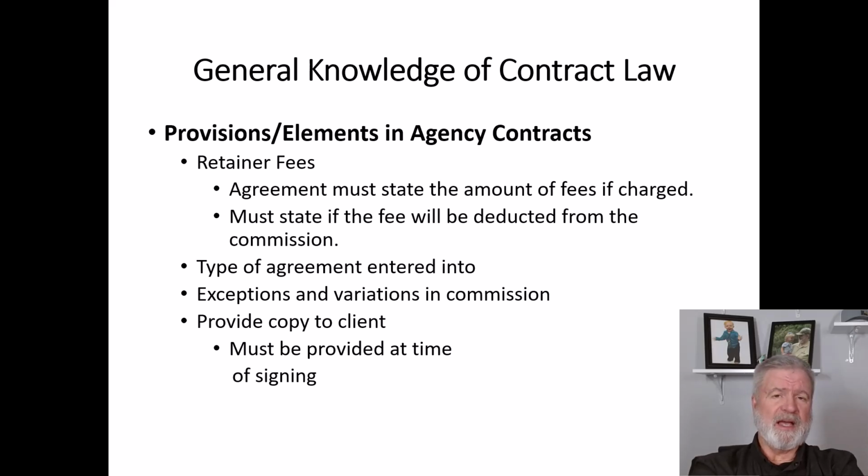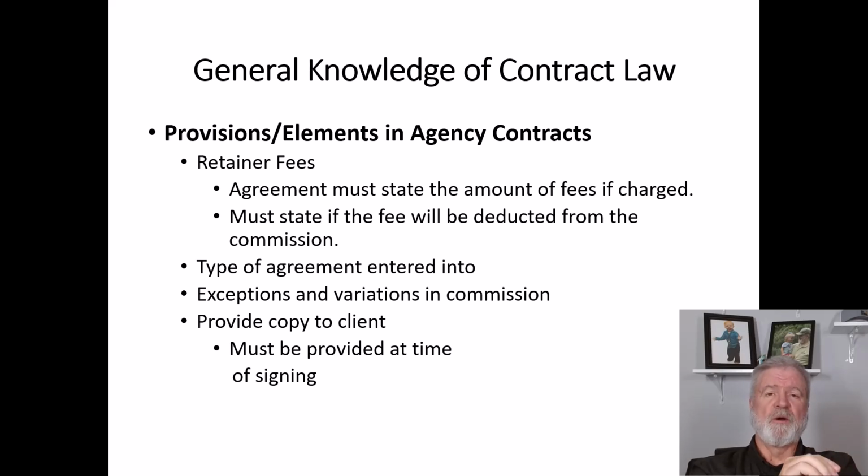Again, if you recall back in the brokerage relationships or agency chapter, there are different types of agency contracts. You could have the exclusive right to sell, an open listing, or an open or buyer's agency agreement. Remember there were at least 2, maybe 3 different types of agency agreements.